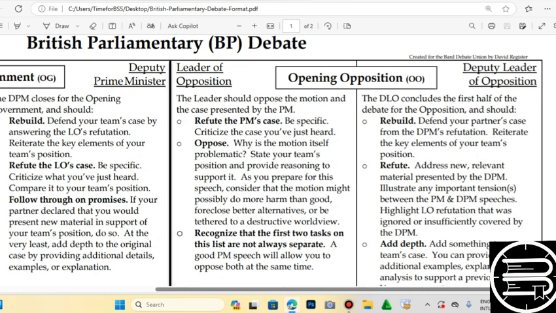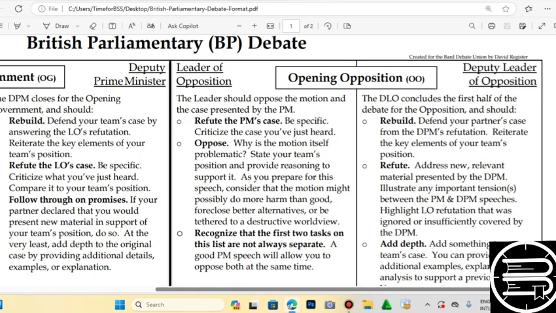Then also you should recognize that the first two tasks on this list will not always be separate. A good Prime Minister will allow you to oppose both at the same time. So the issue is that we're expecting that when the leader of opposition comes to the podium, the Prime Minister has laid out a case that is debatable, so that the leader of opposition will have something to say.